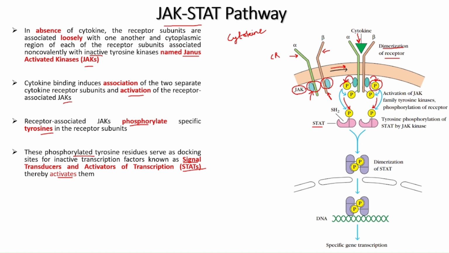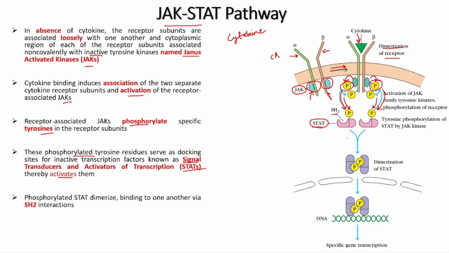So these are the phosphate molecules which have been activated by JAKs, and they go and activate another transcription factor called the STAT. Okay, so this is the STAT transcription factor that has been shown here, and the specific domain that is activated, the SH2 domain of STAT, is activated by the phosphate groups.